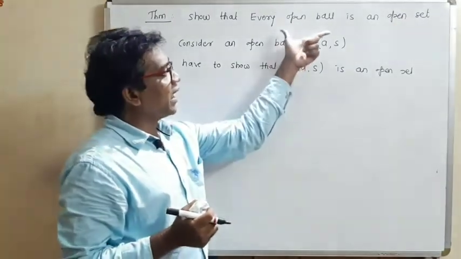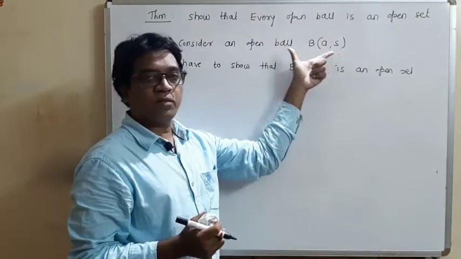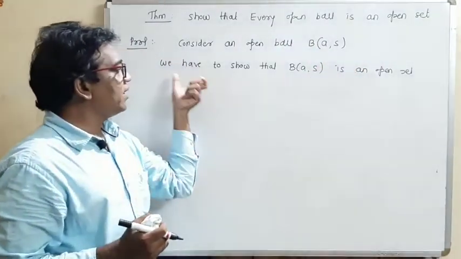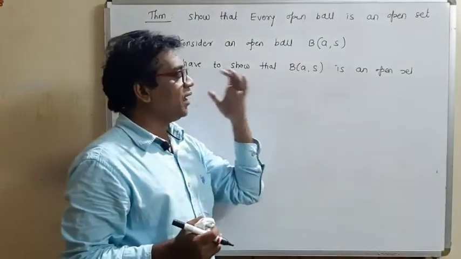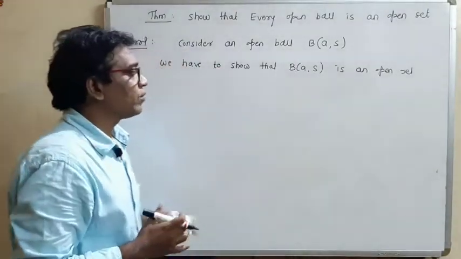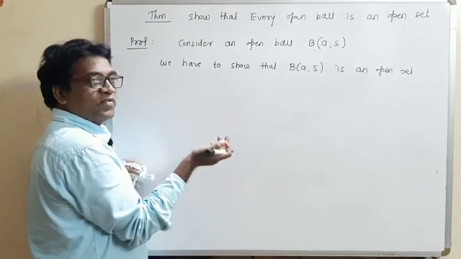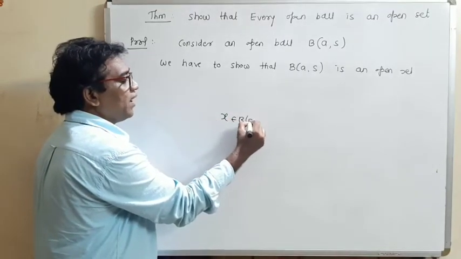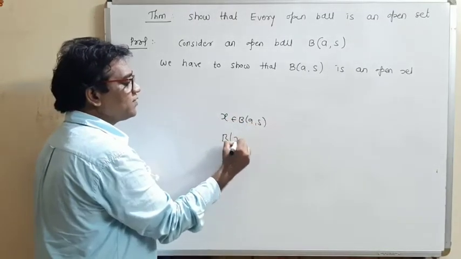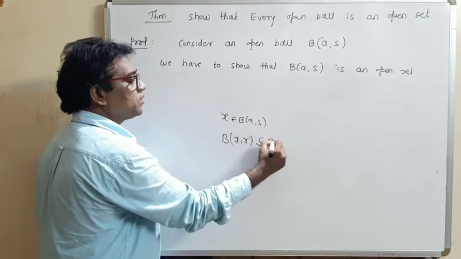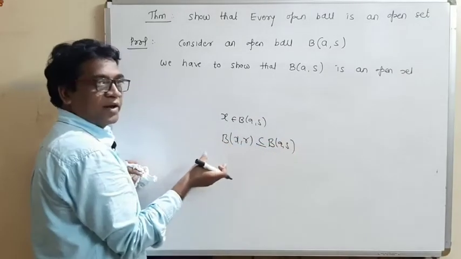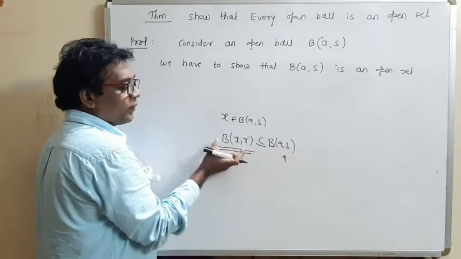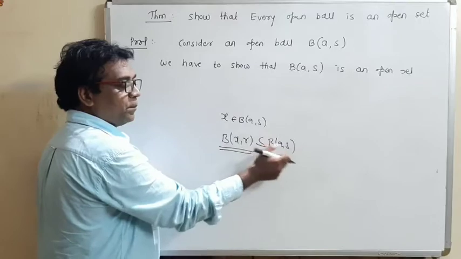We want to show that every open ball, so let us consider some open ball and we want to show that it is an open set. So how to show that it is an open set? What is the basic idea? For x belongs to B(a, s), find out some open sphere B(x, r) which is a subset of this B(a, s). Open set means we have to find out some open sphere B(x, r) which is a subset of B(a, s).